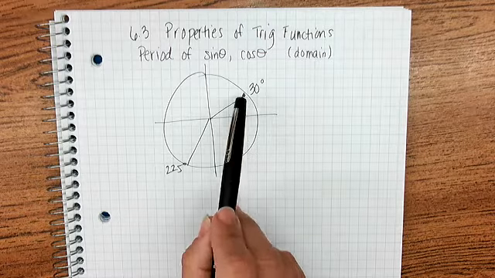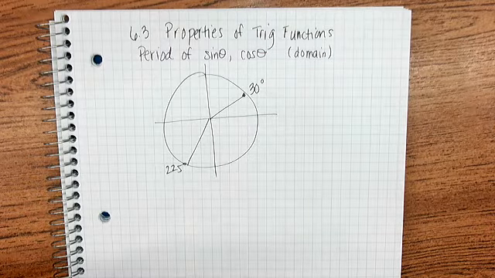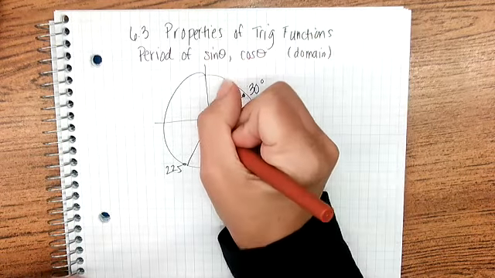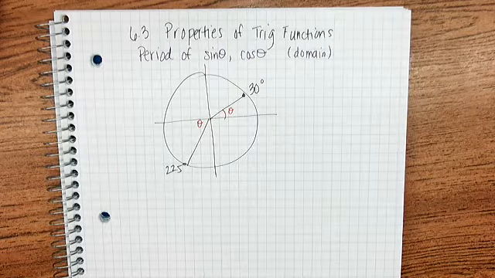I can find exact values when the reference angle, recall that the reference angle is right there, is a multiple of 30, 60, or 45. Great, I can find it.